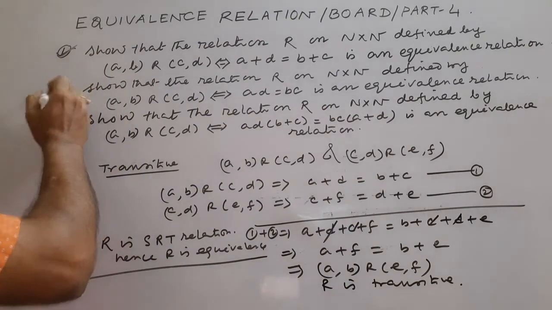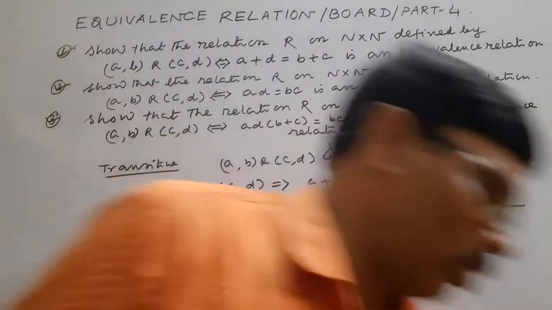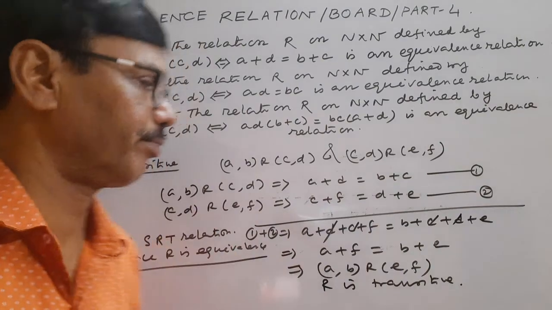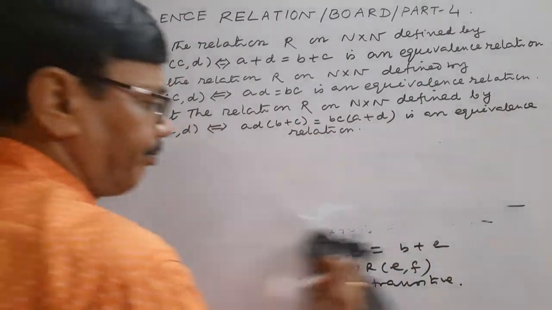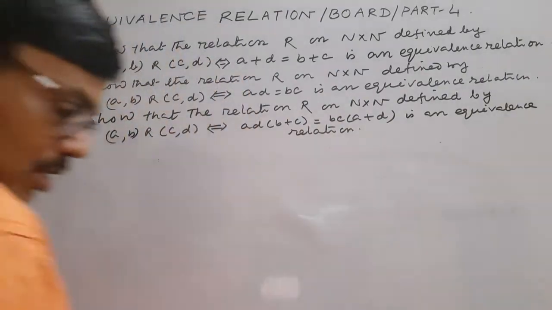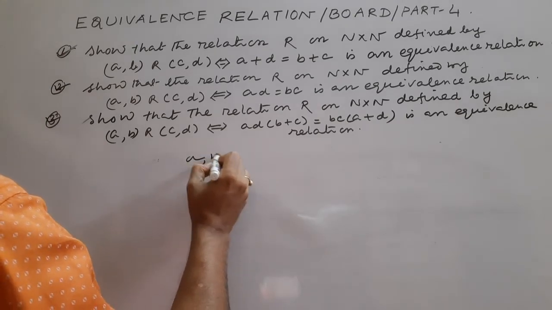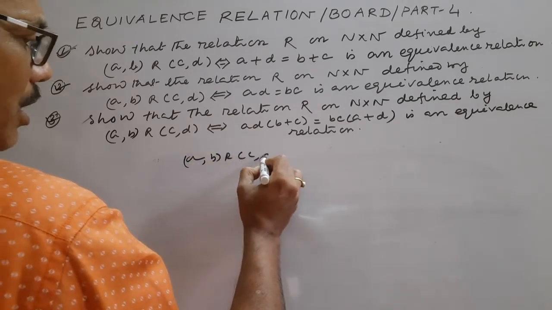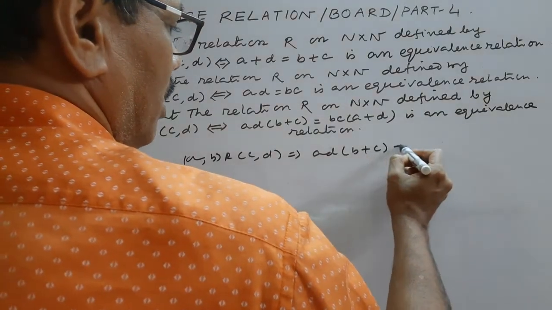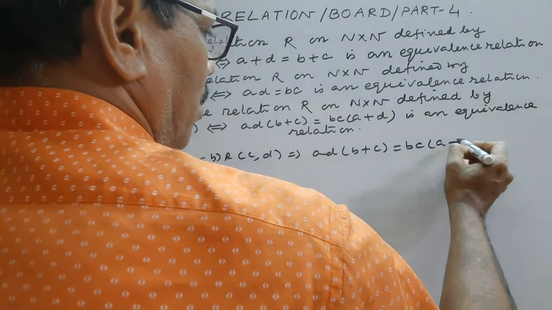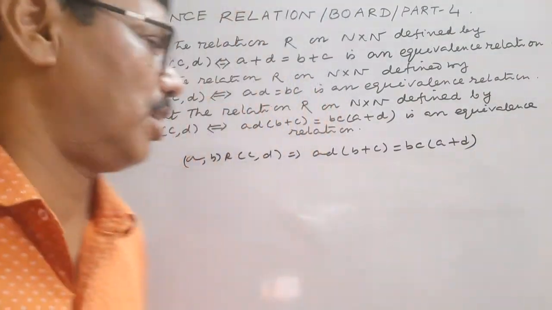So problem number 2 is exactly the same. Problem number 3 is the same type of problem. So consider problem number 3. Look, the relation is given in this form: (A, B) R (C, D) implies AD into (B plus C) equals BC into (A plus D). Now we want to simplify this relation.